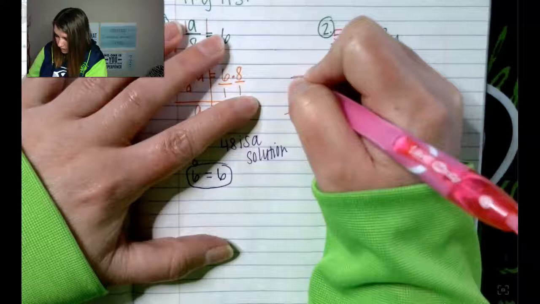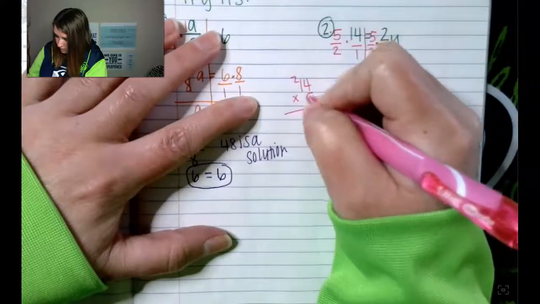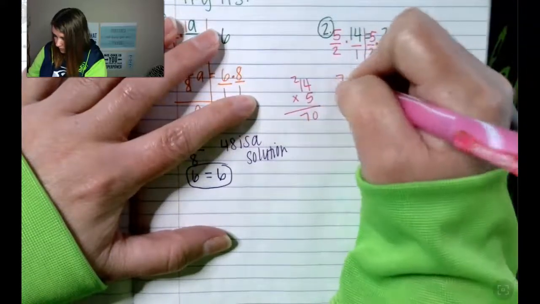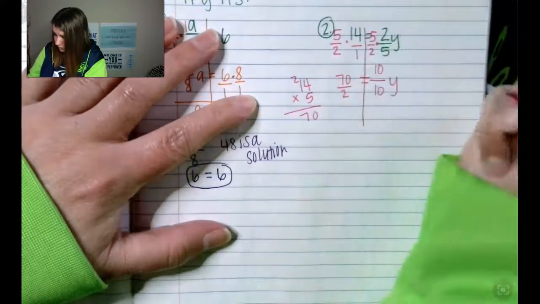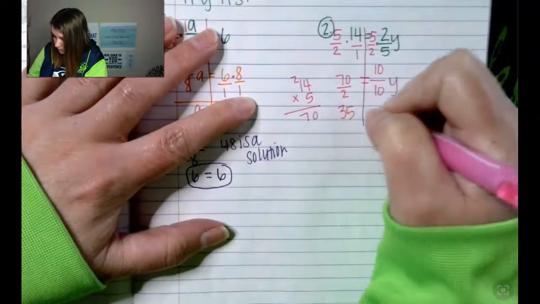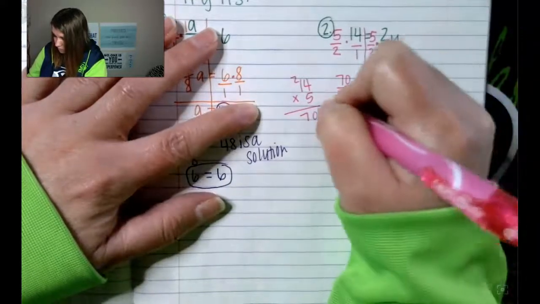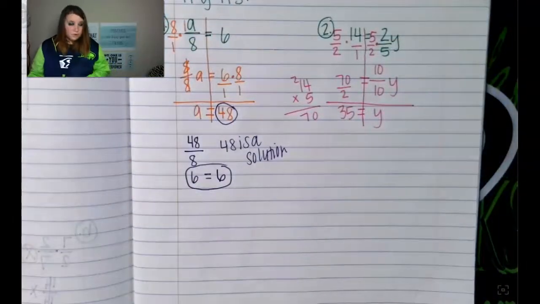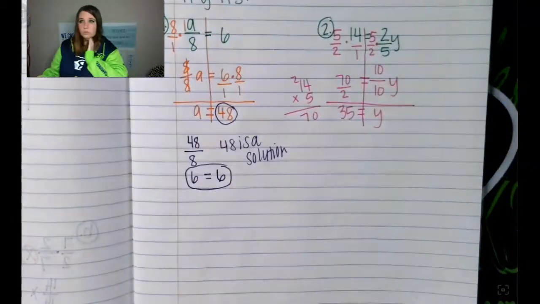So that's 20, carry my 2, and that one is 5, 6, 7. So this is 70 over 2. And I know 70 divided by 2 is 35. 35 is equal to y.